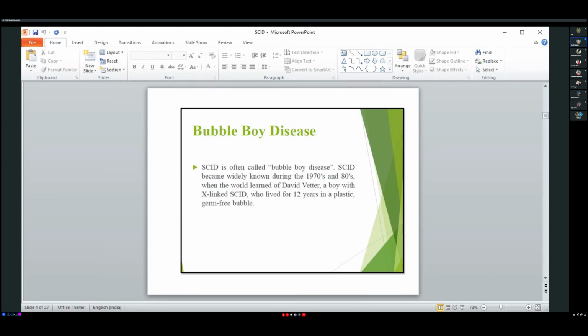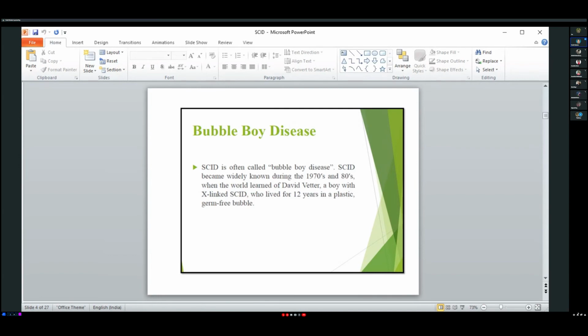Now let me introduce one term, the bubble boy disease. It is called this because it was widely known in the 1970s and 80s, when the world learned about David Vetter, a boy who had X-linked SCID.